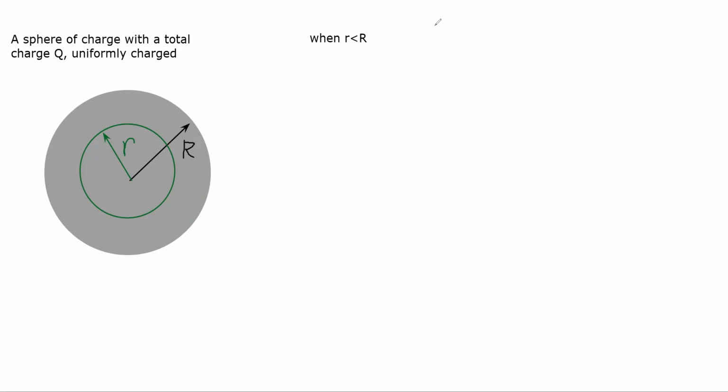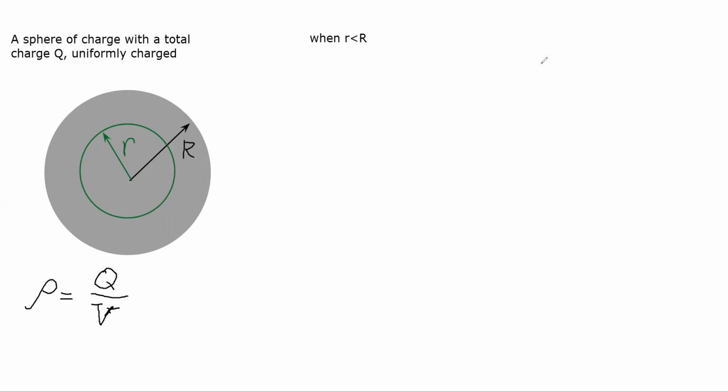I could find Q inside by using charge density. Okay, remember what charge density is? Well, in this case, we're talking about a volume, right? A sphere of charge. So volume charge density is charge over volume.